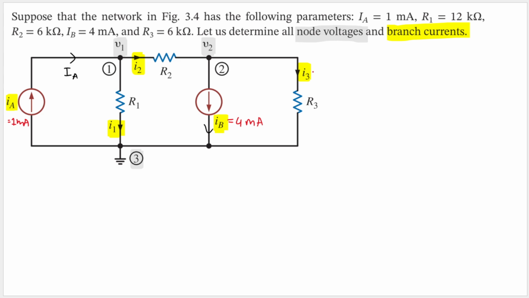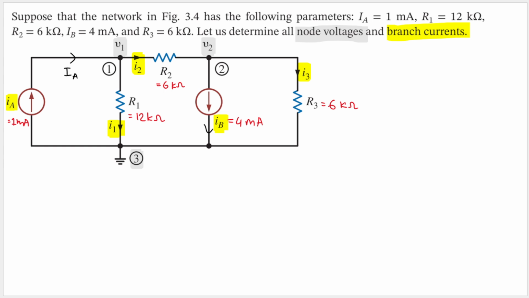R1 is 12 kilo ohm, so we'll have this one is 12 kilo ohm. And then R2 is 6 kilo ohm. And then R3 is 6 kilo ohm.